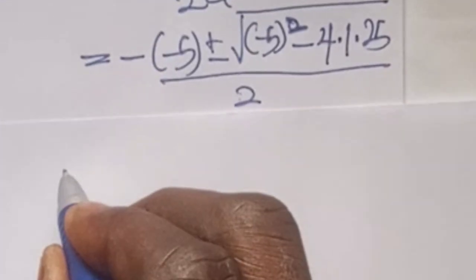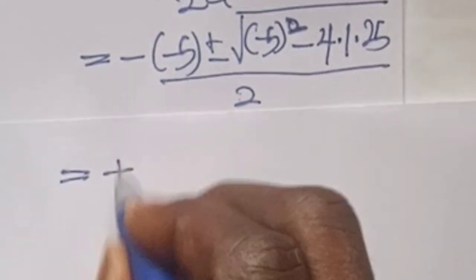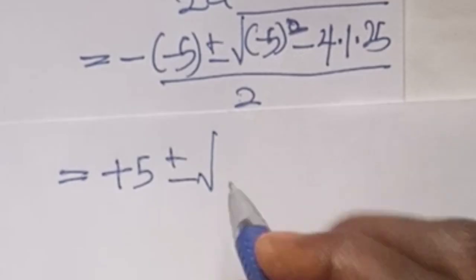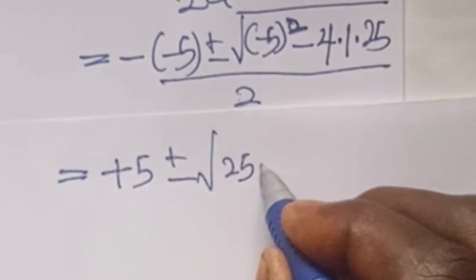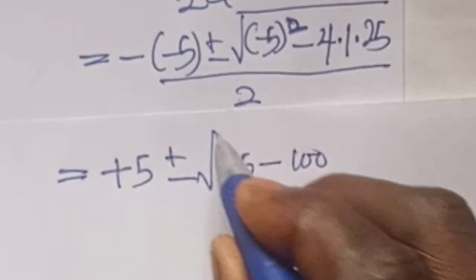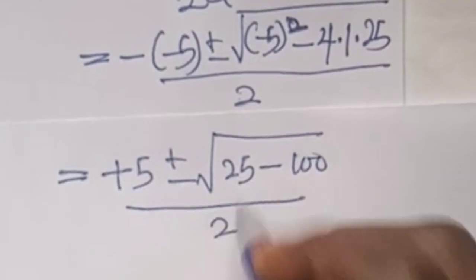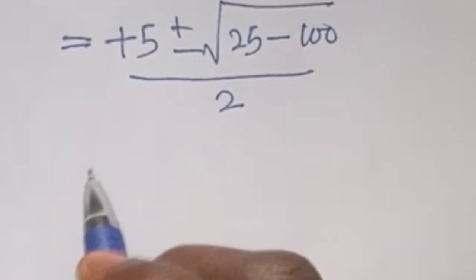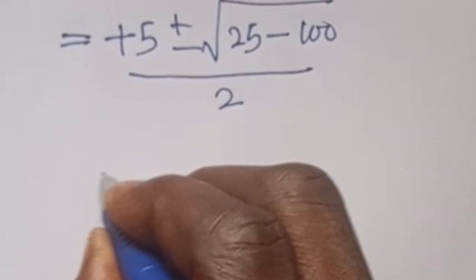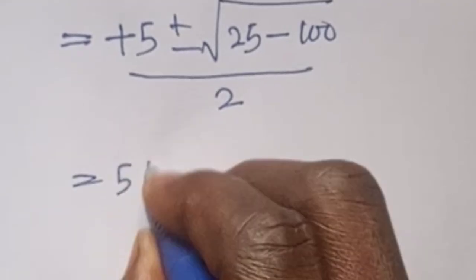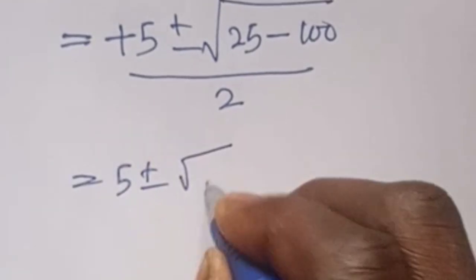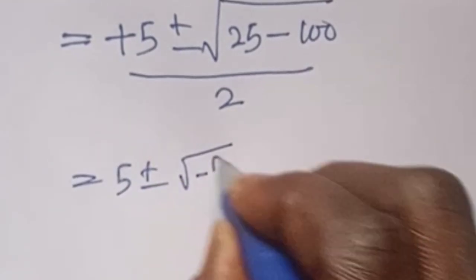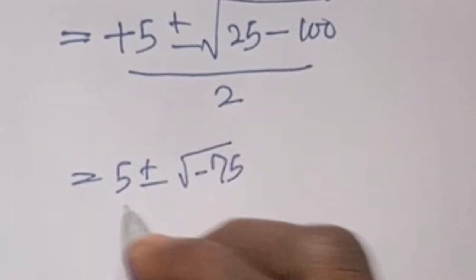So the next line becomes 5 plus or minus square root of 25 minus 100, all over 2. Again, we arrive at 5 plus or minus square root of minus 75, all over 2.